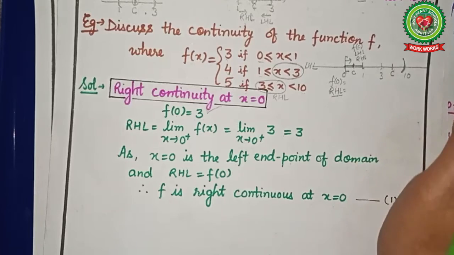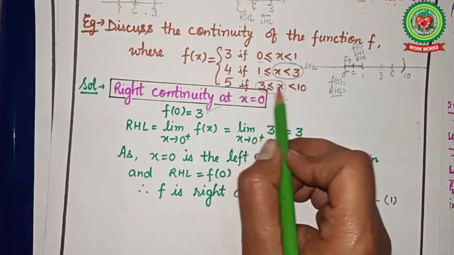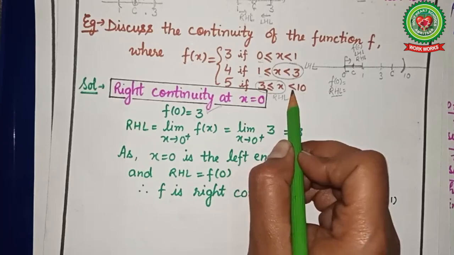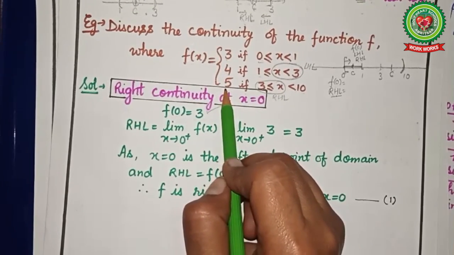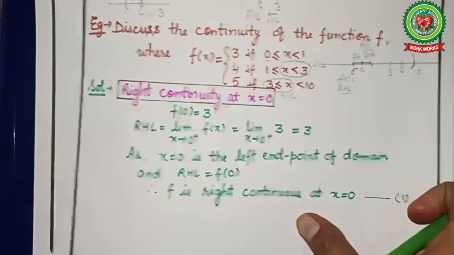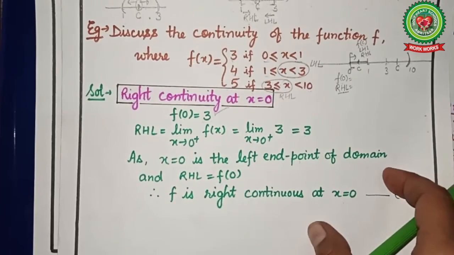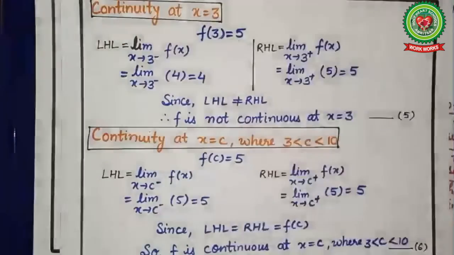Again, take any point c. When the value lies between 3 and 10, its value is coming out to be 5. So for the left hand limit, right hand limit, and value at a point between 3 and 10, the value of the function is 5.